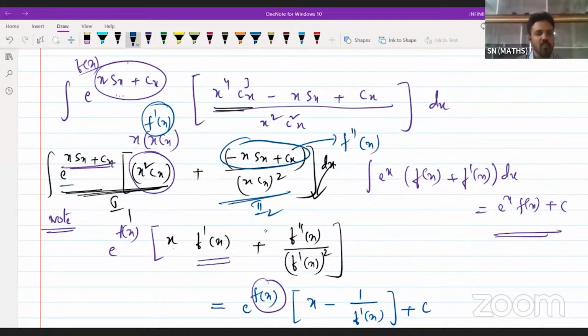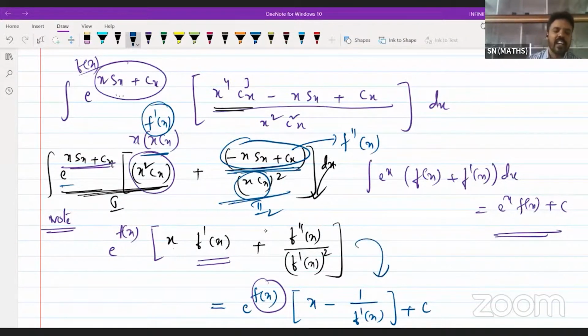Hence, the question is in the form of directly e power f of x into x into f dash of x plus f double dash of x, by the total thing, f dash of x whole square.